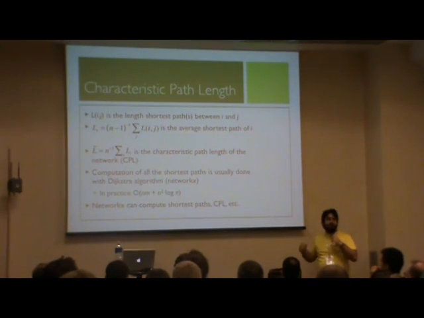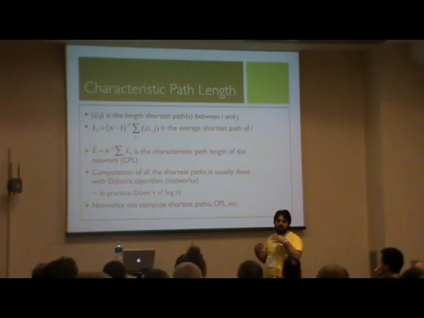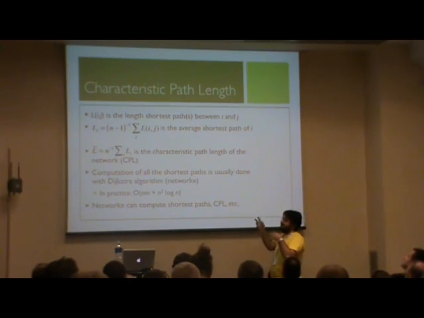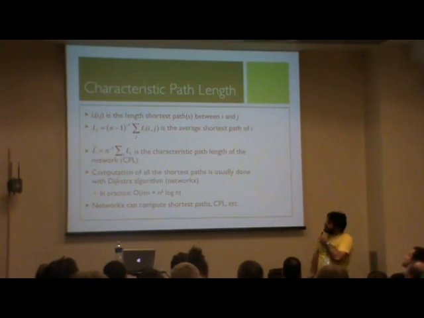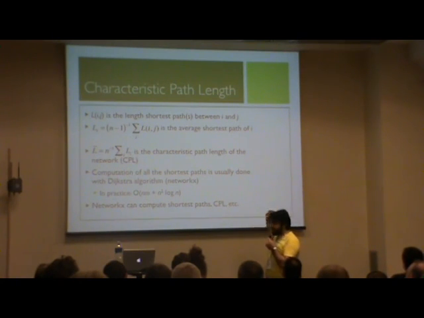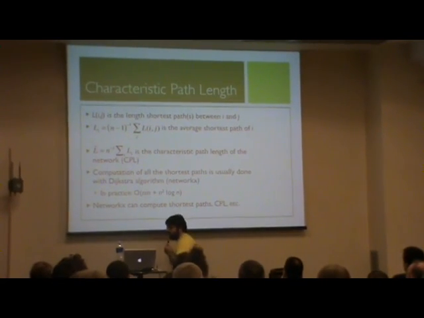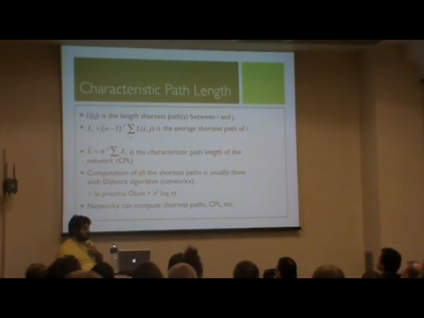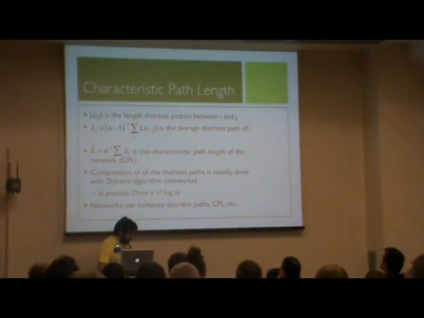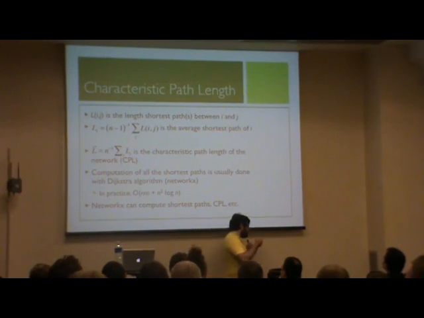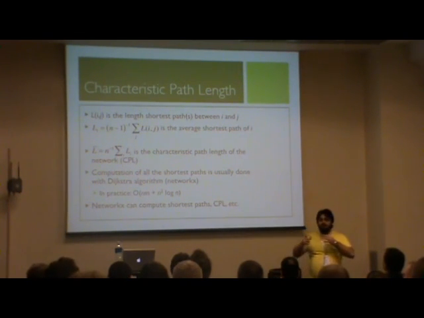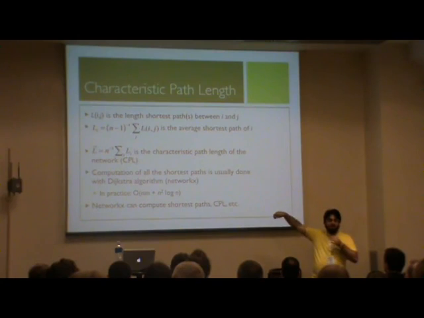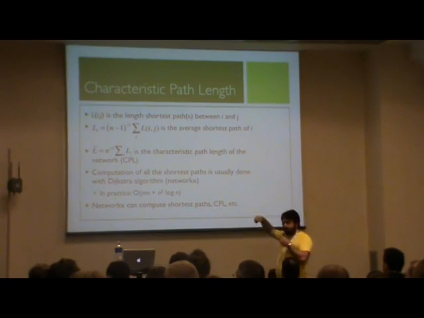So we just study that, and that cuts out problems related to not being connected. Then we take the mean of the average shortest path length, so we get a number which gives us a measure of how far nodes are from one another.